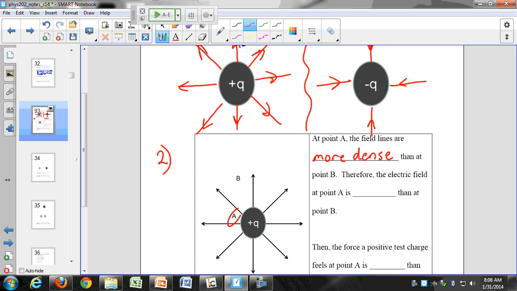So here the field lines are this close together, here the field lines are this close together. So the electric field at point A is larger than at point B. And you can think about that too, like if I have a positive particle here, it's going to feel a really big force, whereas if I have a positive particle out here, it's going to feel a markedly smaller force because of that 1 over r squared dependence.